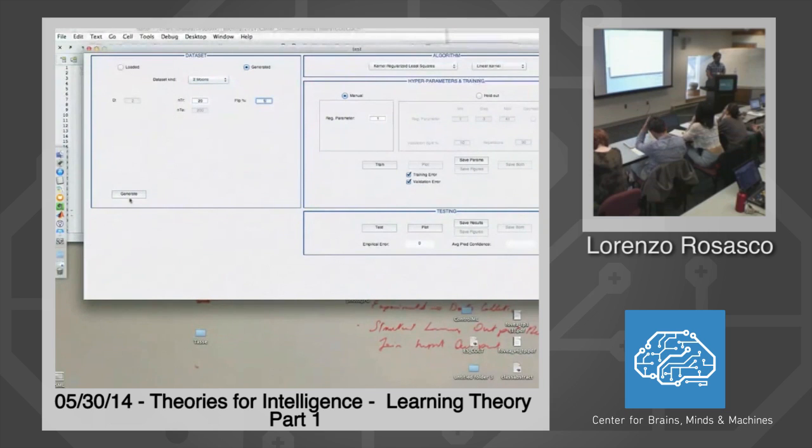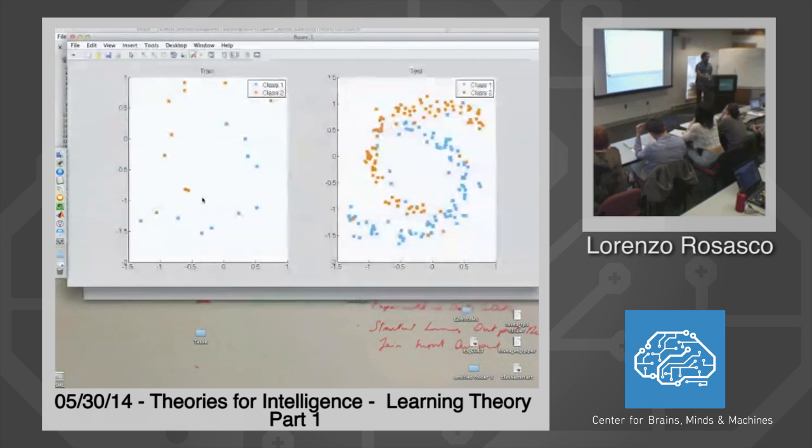I take 20 points of this data set called two moons. A few of you may have already seen it. Okay, so this is the data set. Forget about this for a second. This is your training set, okay? Two-dimensional points. These points here are one class. These other points here are another class. These are 20 points. You can see that what I gave you here is many more points, okay? We're cheating on the slides.